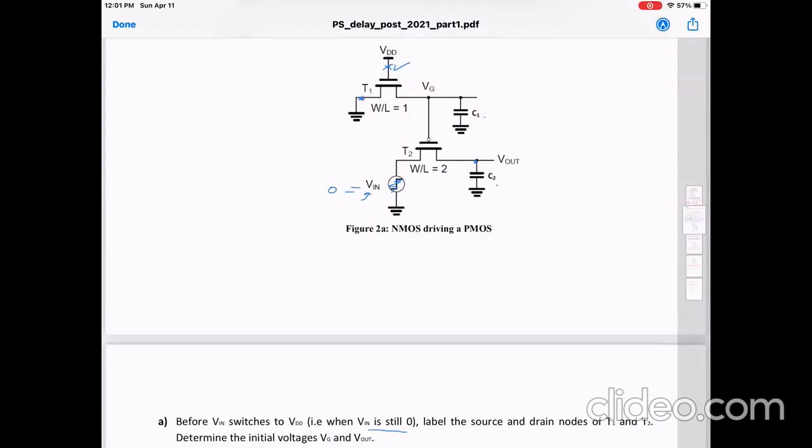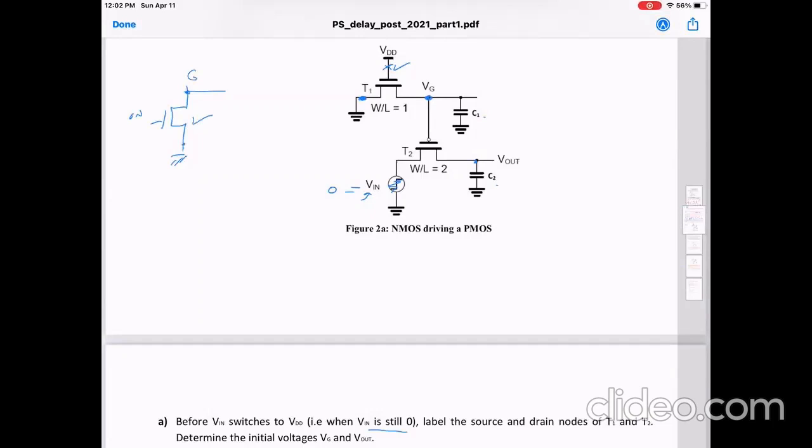This is an NMOS pulling down an internal node to ground. Based on the rules that we have seen, an NMOS that is on, with this node at ground, can pull down this node G all the way to 0.